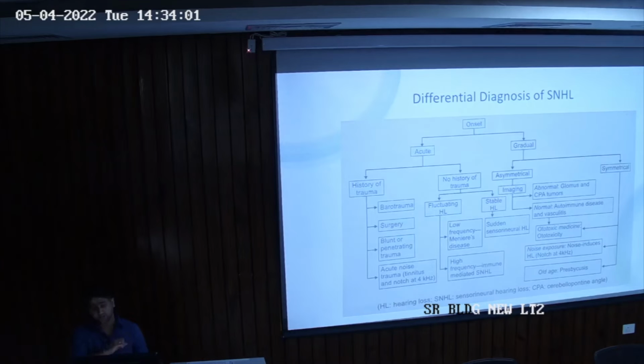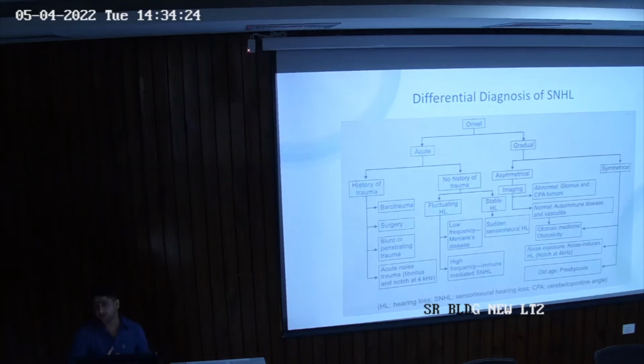Okay? So if it is gradual and symmetrical, it can be ototoxic medication which had been given previously. Noise exposure, noise induced, you will see a notch at 4 kilohertz in the pure tone audiogram.